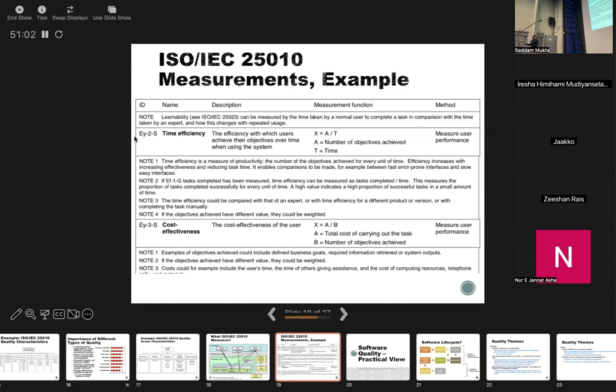When you take less time, it is definitely more efficient in terms of time. And cost effectiveness means, for a certain amount of money, how many tasks we are completing. So this is cost effectiveness. In the next chapter, we'll have some mathematics on this, and I think this part will be clearer.